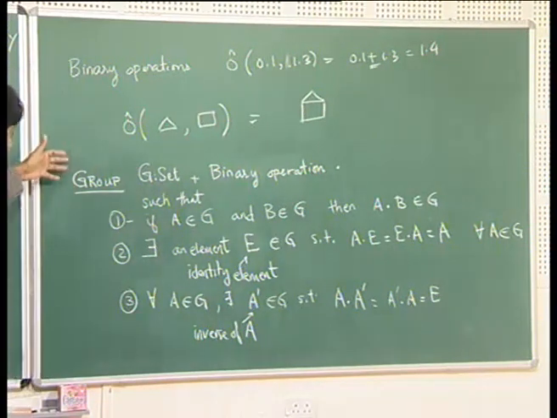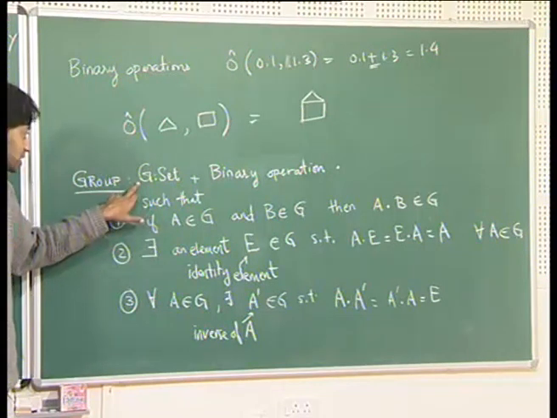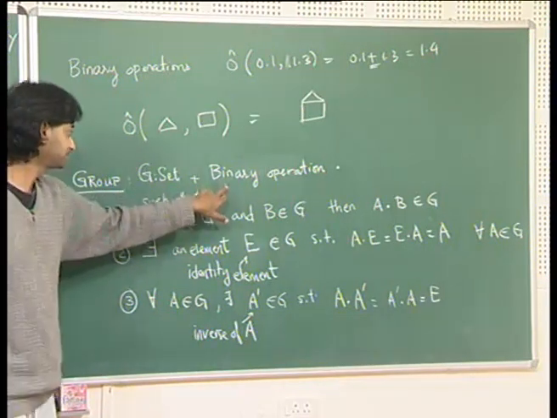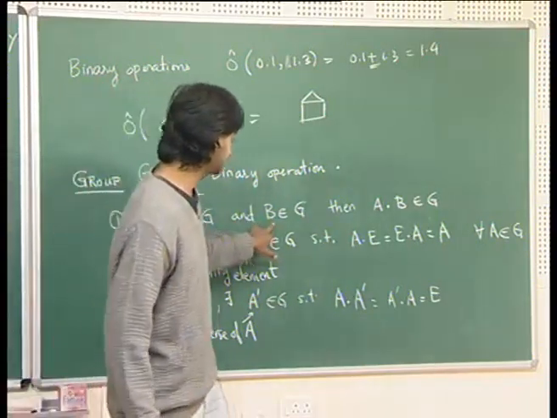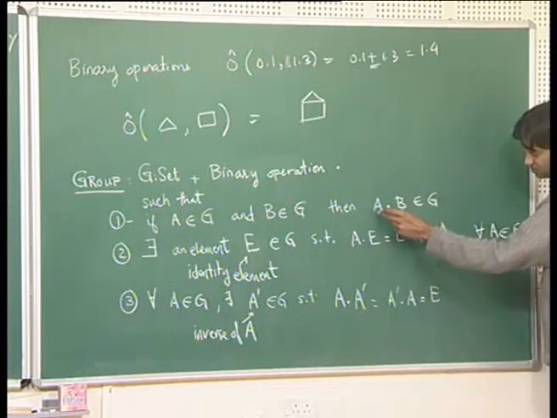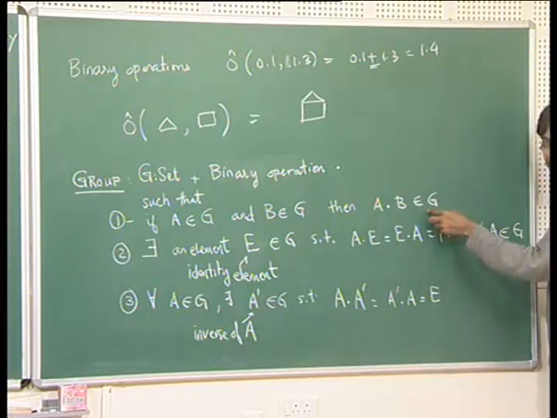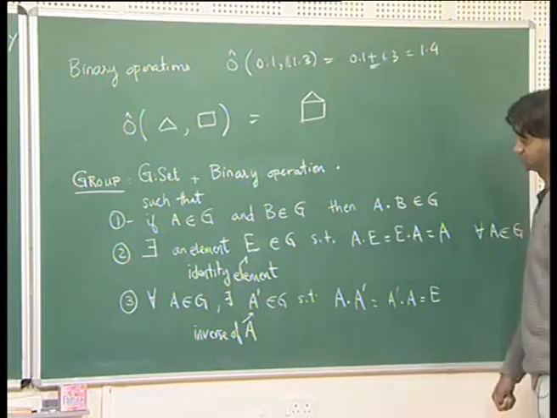So, let us get back. A group is a set G that has a binary operation such that if A and B are members of G, then the binary operation on A and B yields an element which is also in G. So, A dot B is also in G. The binary operation we denote by dot.